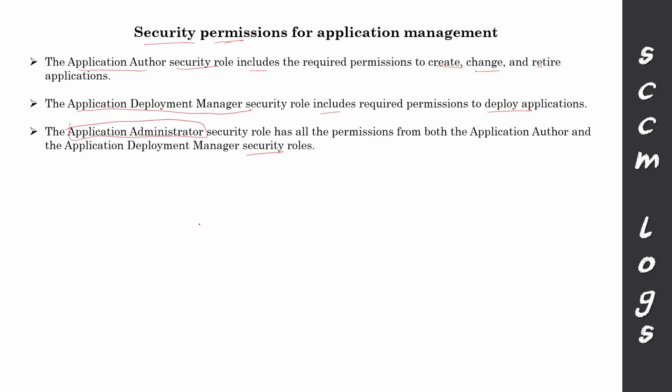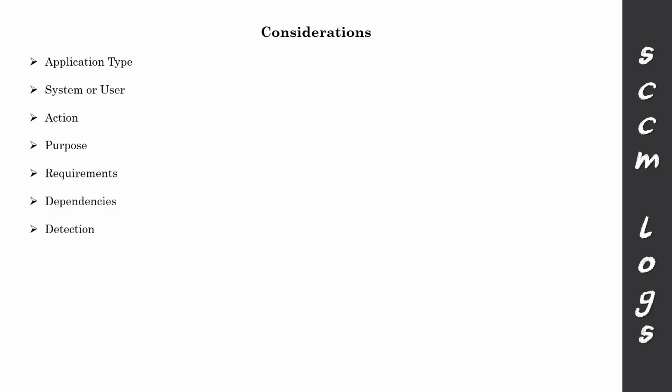Okay, so I hope you understand this concept. Now the considerations. What are the considerations we need to consider before we decide to install some applications? Okay, so first thing is the application type. What is the type of the application?